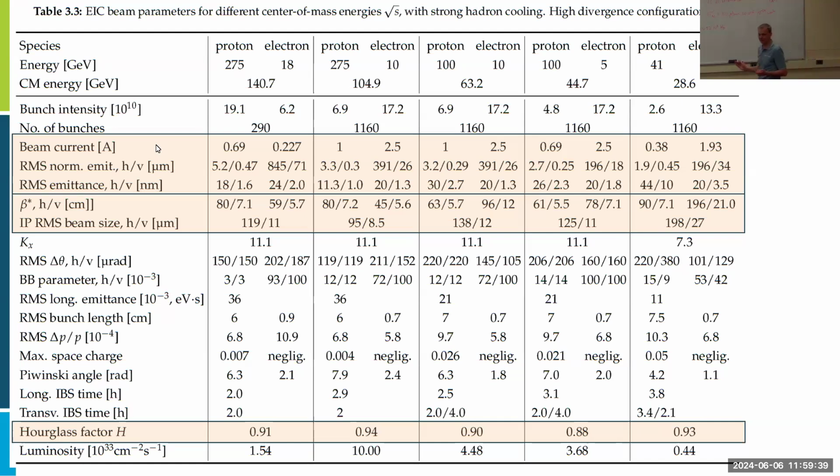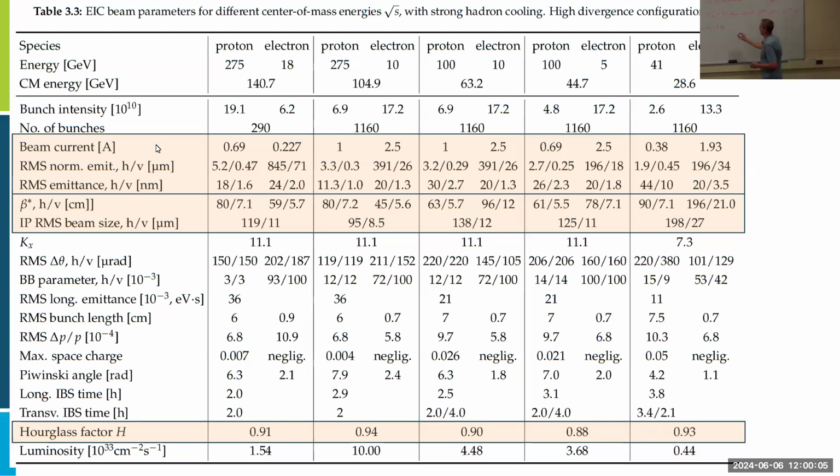Is that the right number? Minus 24? Minus 20. He wants centimeters. Yes, centimeters squared, that's wrong. So that's 10 to the minus 28 centimeters squared.